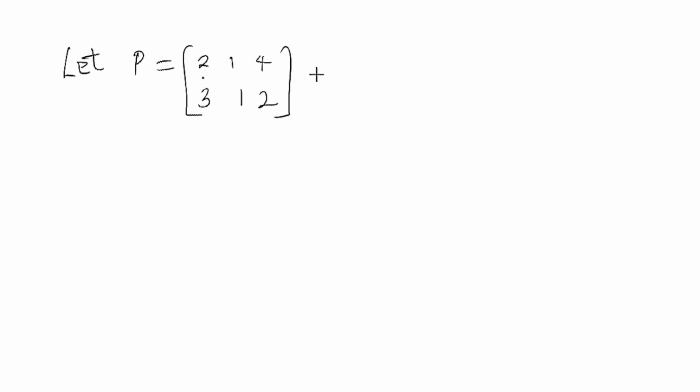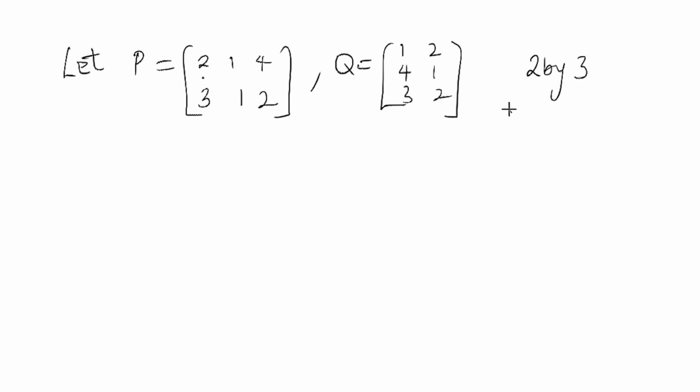This is a 2 by 3 matrix, right? And let the other matrix Q be a 3 by 2 matrix. So this will be 1, 2, 4, 1, 3, 2. This is a 3 by 2 matrix. Now, when you are multiplying, a 2 by 3 is multiplying a 3 by 2.